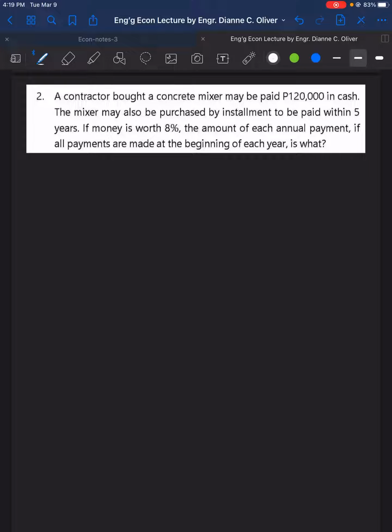Okay, so there are two situations here. There's a contractor who wants to buy a concrete mixer. He can pay 120,000 pesos in cash, so he goes there and pays it in cash. But he can also have the option of purchasing it by installment. So yearly, he is to pay it within 5 years.